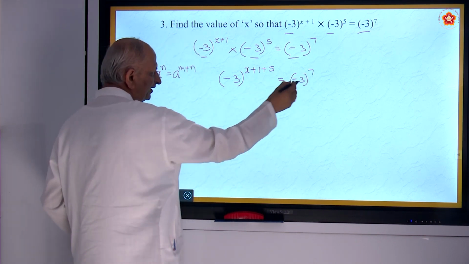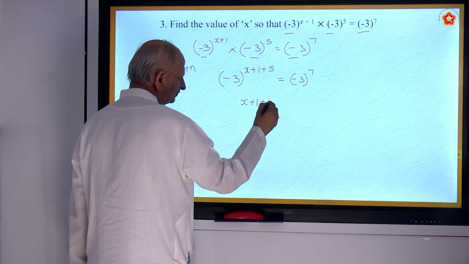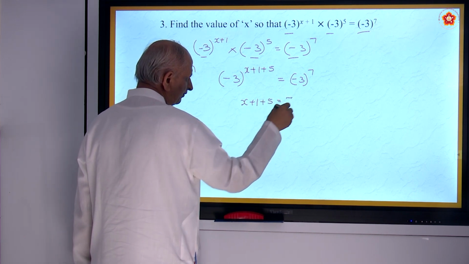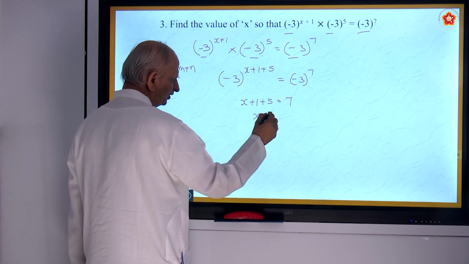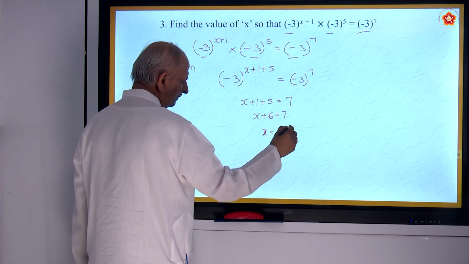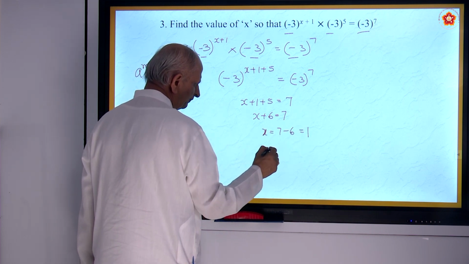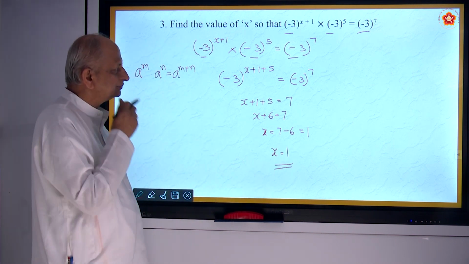So here the base is the same, so the powers must be the same. x plus 1 plus 5 is equal to 7. So x plus 6 is equal to 7, or x is equal to 7 minus 6, that is equal to 1. So the value of x is equal to 1.